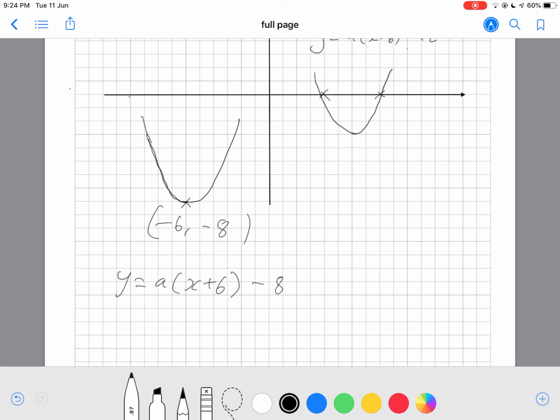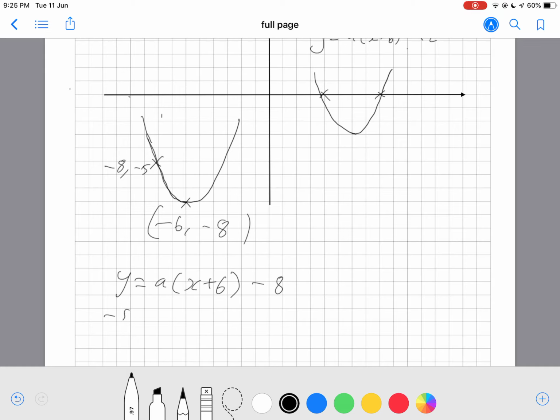We'll substitute one more point to find the a value. We'll say this point, 1, 2, 3, 4, 5, 6, 7, 8, is -8, -5.